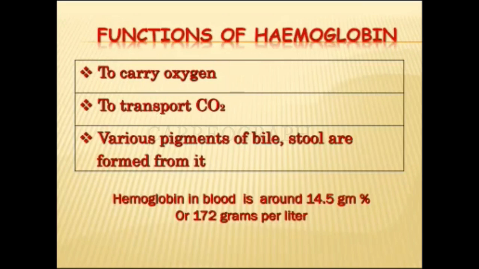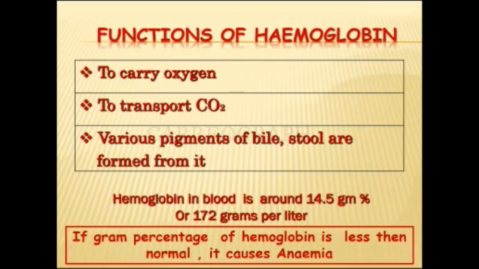Hemoglobin in the blood is around 14.4 gram percentage, that is 172 gram per liter, and this is the normal range of hemoglobin in males, whereas in females the hemoglobin in the blood is around 13.5 gram percentage and 151 gram per liter. If the gram percentage of hemoglobin is less than normal, it causes anemia. Anemia is a condition in which hemoglobin is low in the blood.